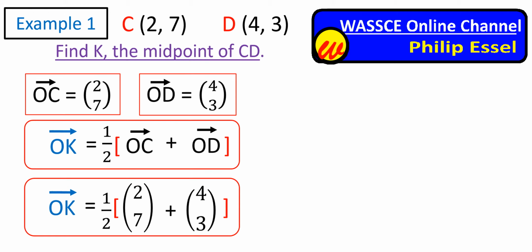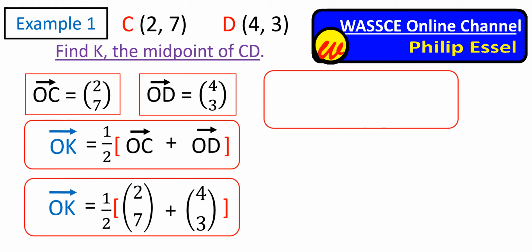So we will be adding the vectors (2, 7) and (4, 3) together, and when we do this we would get vector OK to be equal to half of the vector (6, 10). Remember that we got the vector (6, 10) by adding those two vectors. So 2 plus 4 would give us 6, and the 7 plus the 3 would give us 10. So that's how come we arrive at the vector (6, 10).